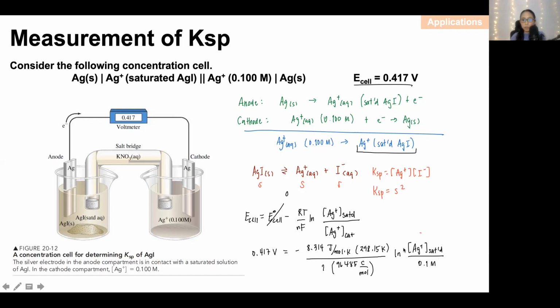So let's solve for the concentration of silver ions in the saturated solution.